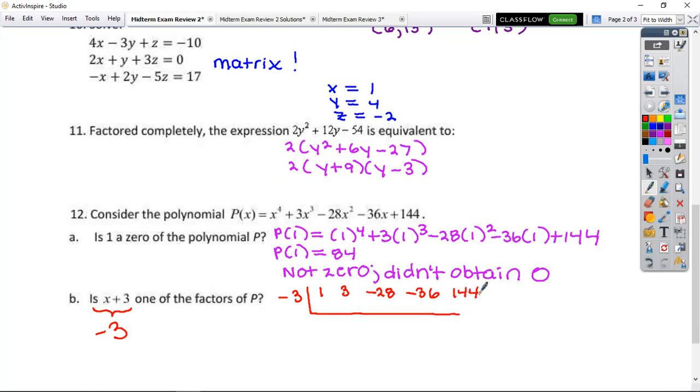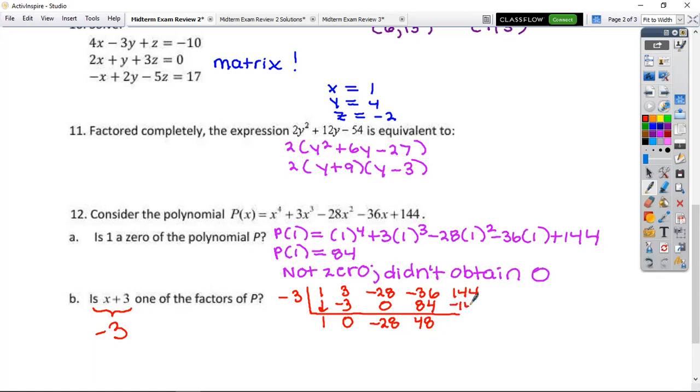Again, you were looking for a remainder of 0 for this to work. So the 1 comes down, multiply, add, multiply, add. 28 times 3 is 84. Add straight down, so 84 minus 36 is 48.